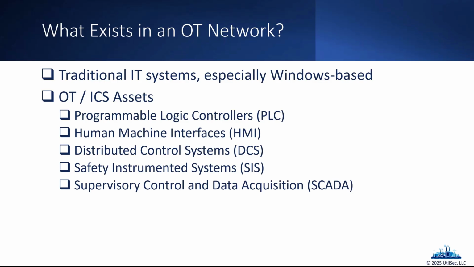So think of it as a PLC on steroids for now. We have, in larger environments, also safety instrumented systems, which are responsible for, as you imagine, ensuring safety and can shut down parts of a plant or an entire plant if there's ever a fault condition that could cause a safety issue.